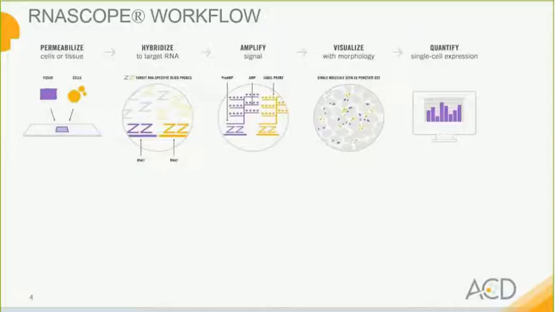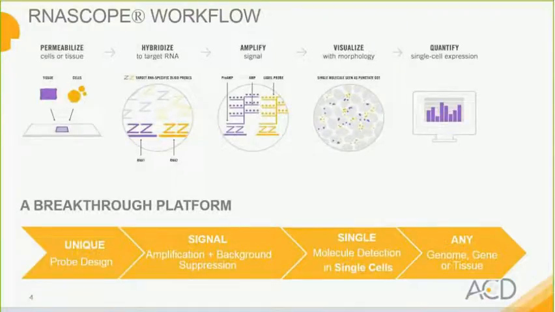RNAscope is based on proprietary in situ hybridization technology based on unique probe design and signal amplification. This platform has the sensitivity to detect most genes in situ as well as simultaneously quantify multiple RNA transcripts.